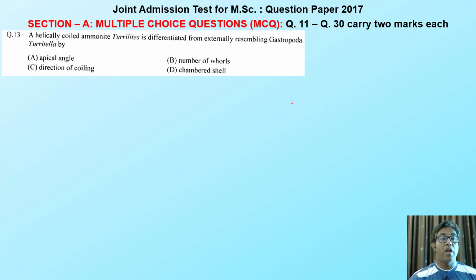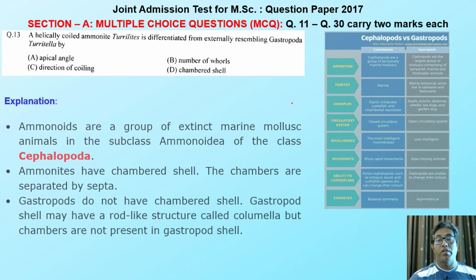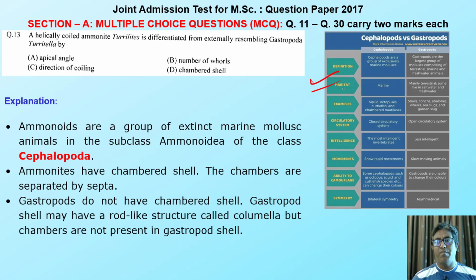A helically coiled ammonite is differentiated from the externally resembling gastropod by. See, this is a table where they have differentiated what is a cephalopod and what is a gastropod.